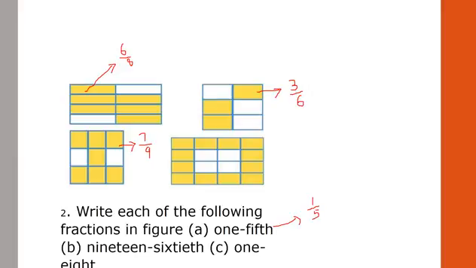This one, 19/60th, is simply 19 over 60.